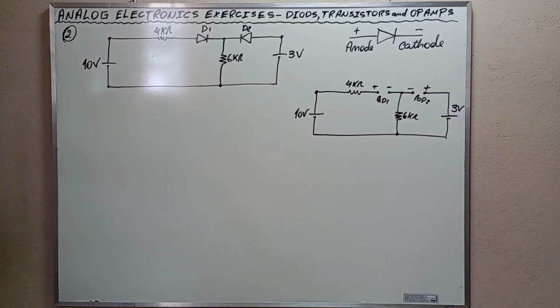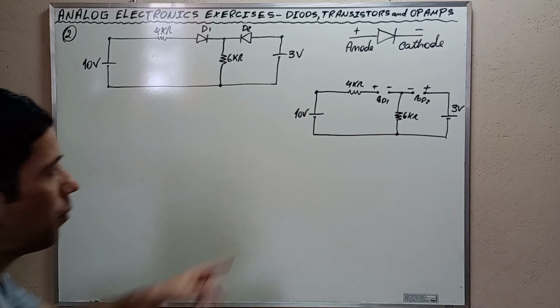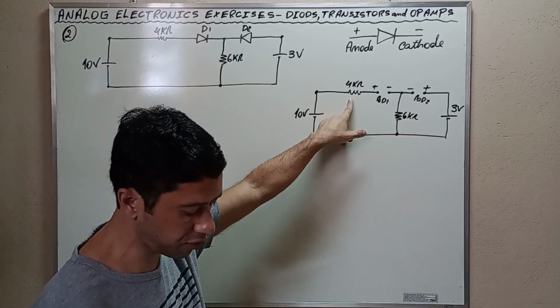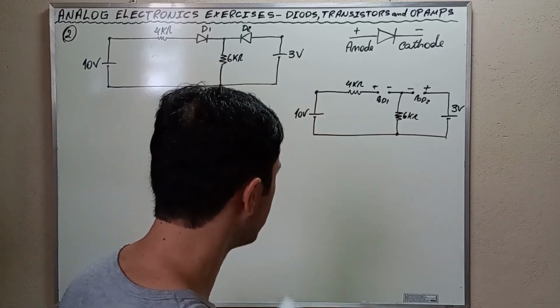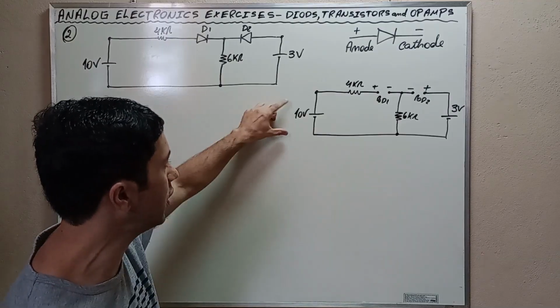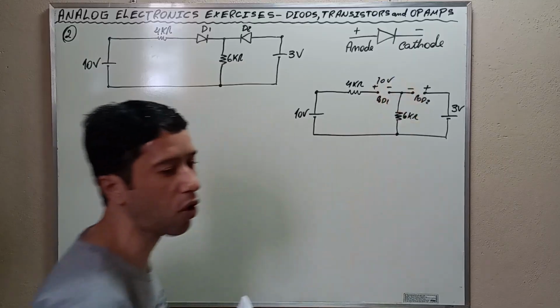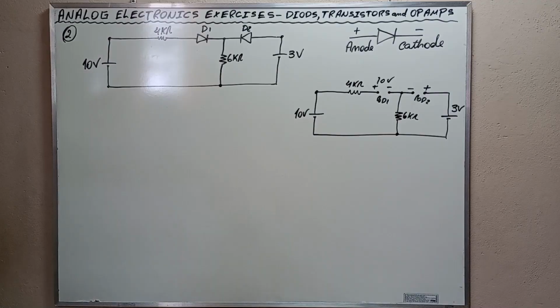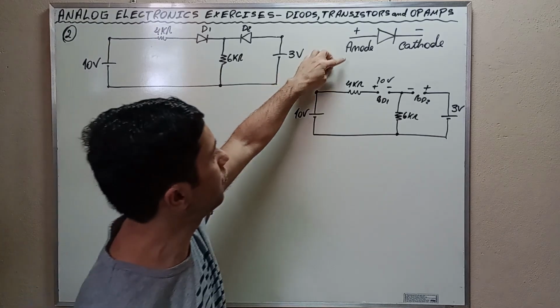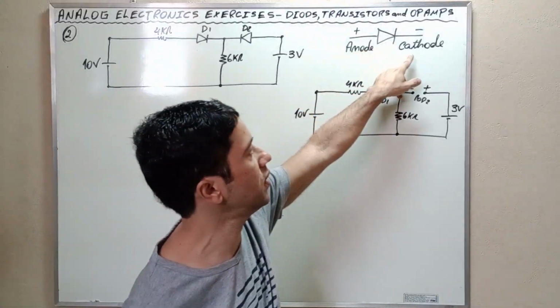There is no voltage drop across the 4 kilo ohms resistor. Then, VD1 is 10 volts. This voltage here is going to appear here, 10 volts, because there is no current, and as there is no current, there is no voltage drop, and thus VD1 is 10 volts, which contradicts the assumption that D1 is off, because the anode of D1 is higher in potential than its cathode.